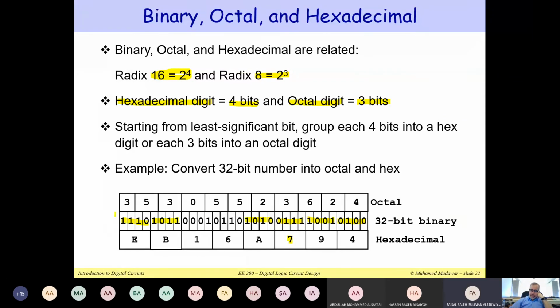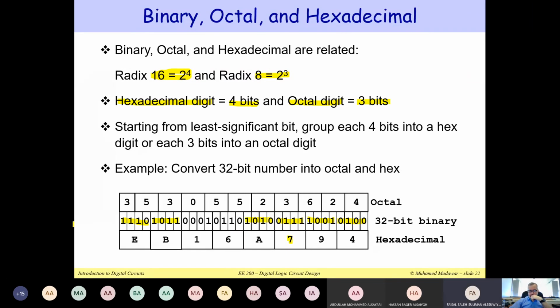Yes. If you have one extra bit here, you can always insert zeros to the left. It does not change the value of the number. If you would like to extend this number, you can always extend it with zeros. Does this answer your question?